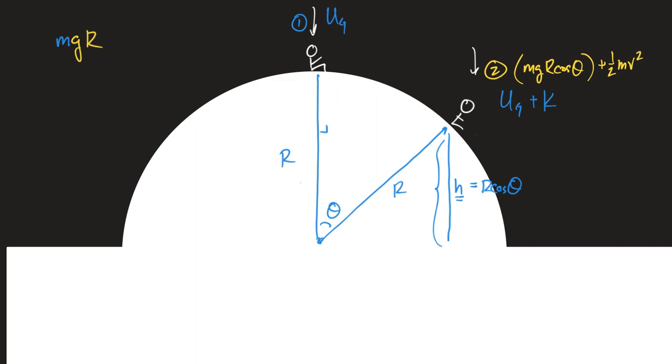Good so far? Seems to me, if there's no losses to the environment, I can say that mgr has to equal mgr cosine theta plus 1/2 mv squared. How are we doing? Can you solve that for v?